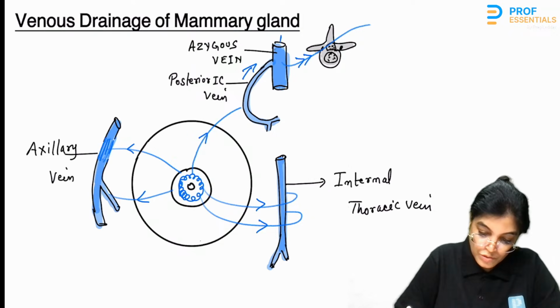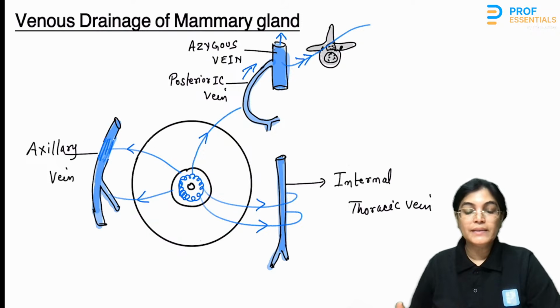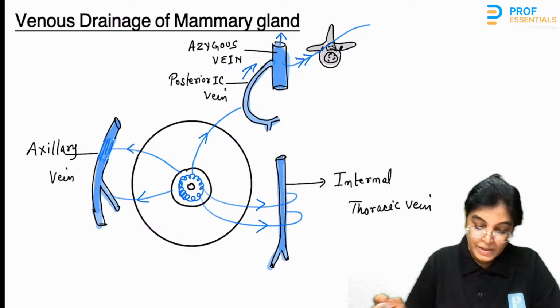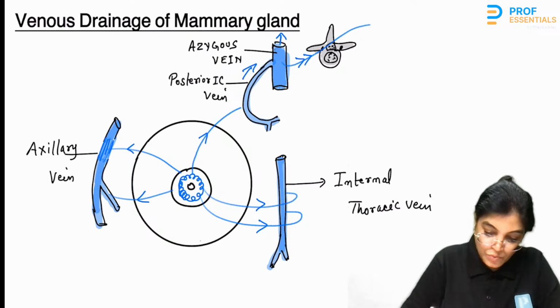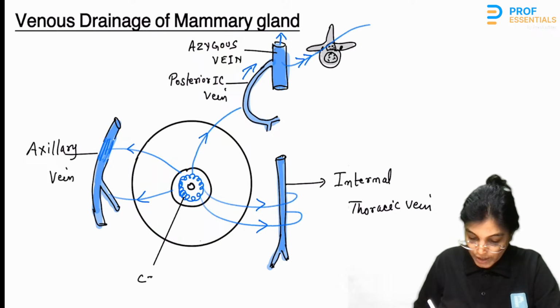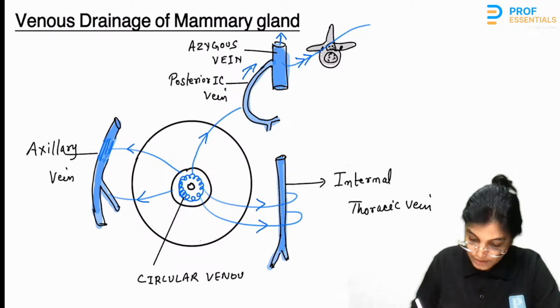So I'm just showing you the route of communications. Got it? So here, let me label it now. So here we can see actually, this is the circular venous channel, circular venous anastomosis, circulus venosus.